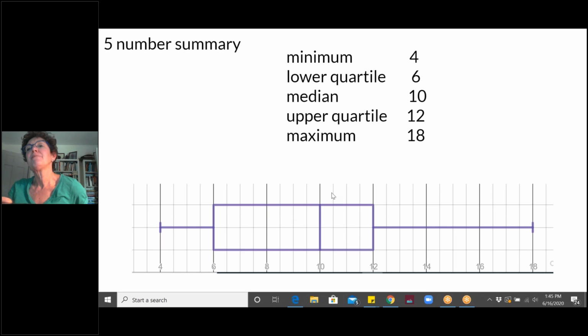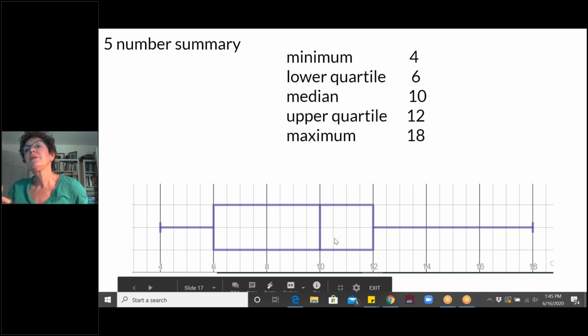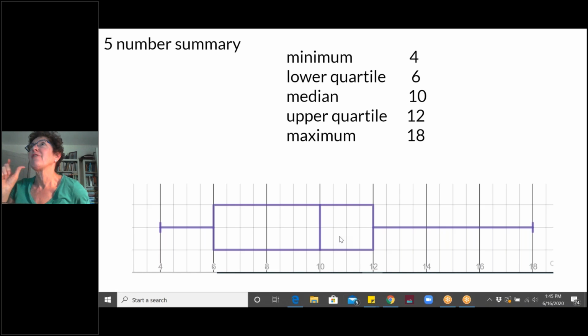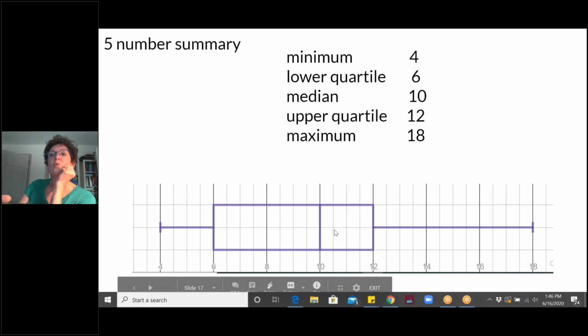I would expect my median to really be more like 11 if this was totally consistent, if my players were working out just about the same amount, half would be below 7 and half would be above 7, which in this case is 11 because I started at 4.